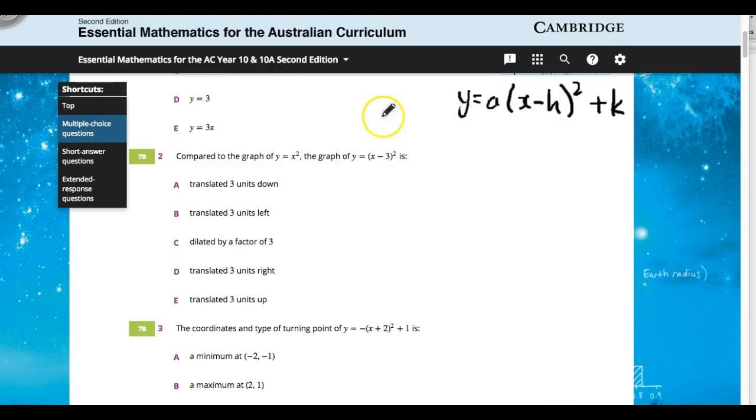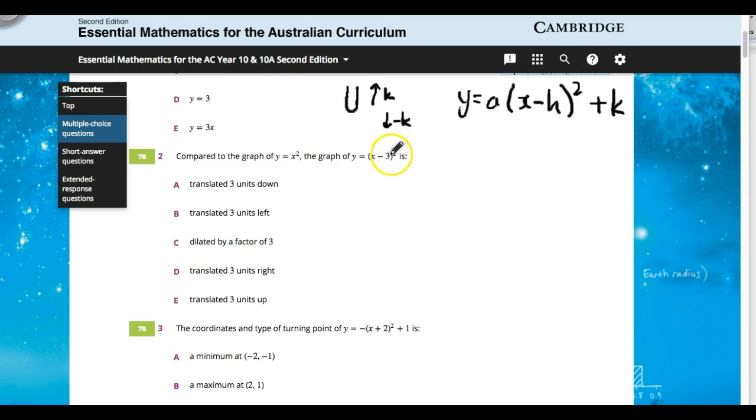The h tells us which direction it goes in. So if h is positive, it goes to the right, and left if we had a negative h. And then the k tells us whether we go up or down. So if we have positive k, we go up, and negative k, we go down.